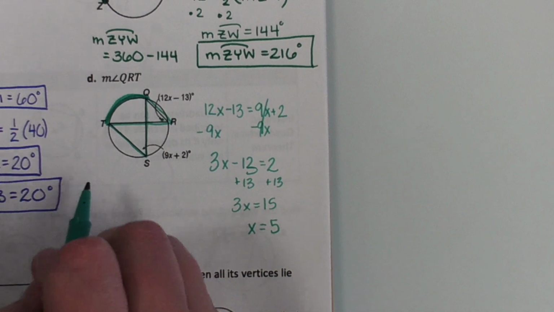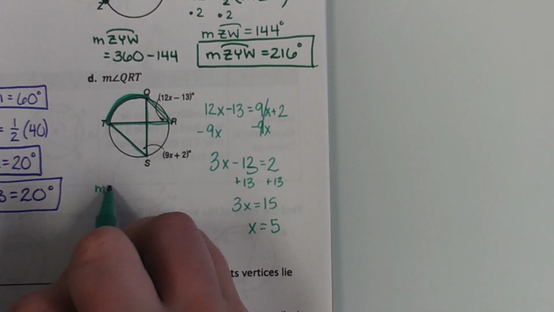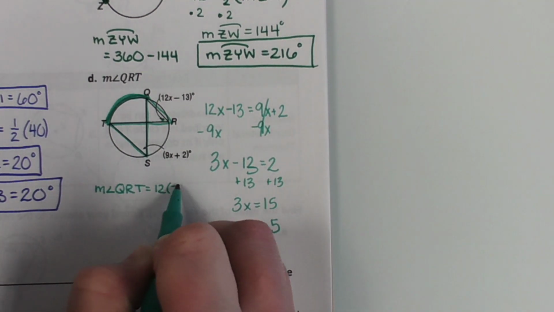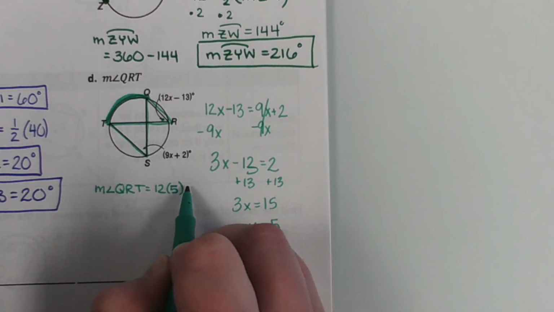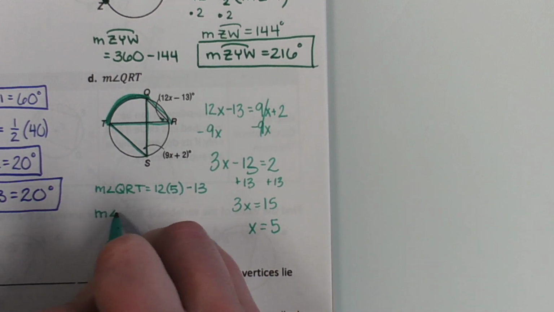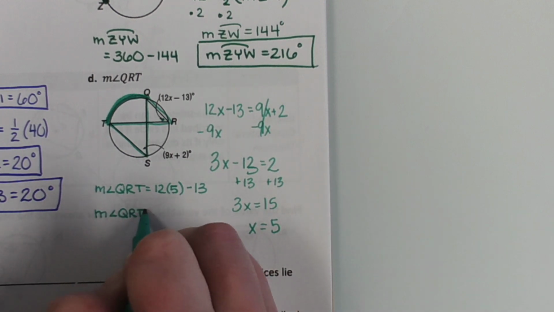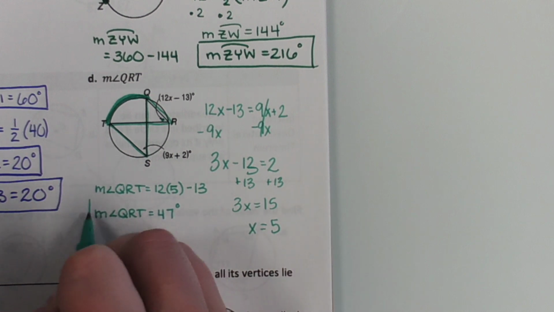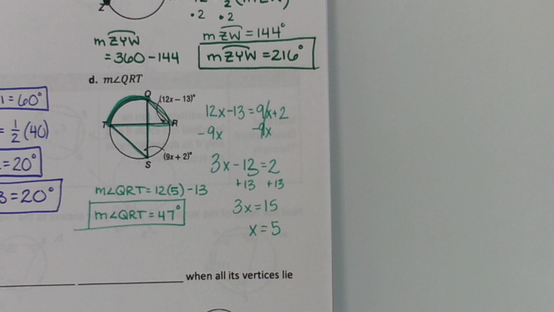Angle QRT was the 12x minus 13. Twelve times 5 is 60. 60 minus 13 is 47. 47 degrees. Angles and arcs are degrees. Variables don't technically have units, by the way.